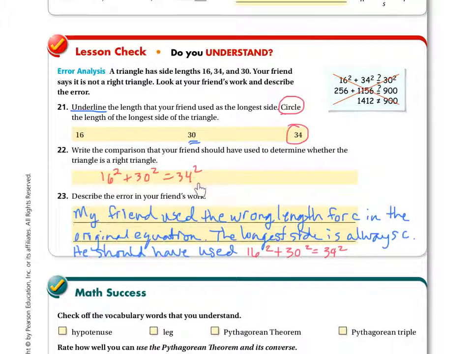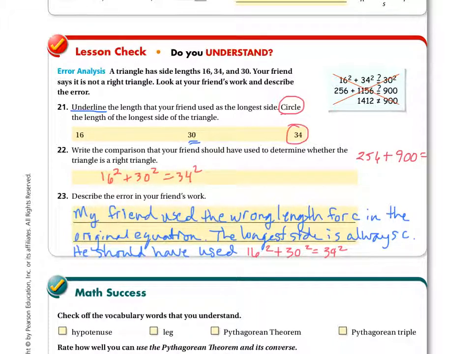They did not ask you to run through and determine if it was a right triangle. But if you did, what is 16 squared? What is it? So 256 plus, what's 30 squared? What's 3 times 3? 9, and then 2 zeros, so you can do that without a calculator.